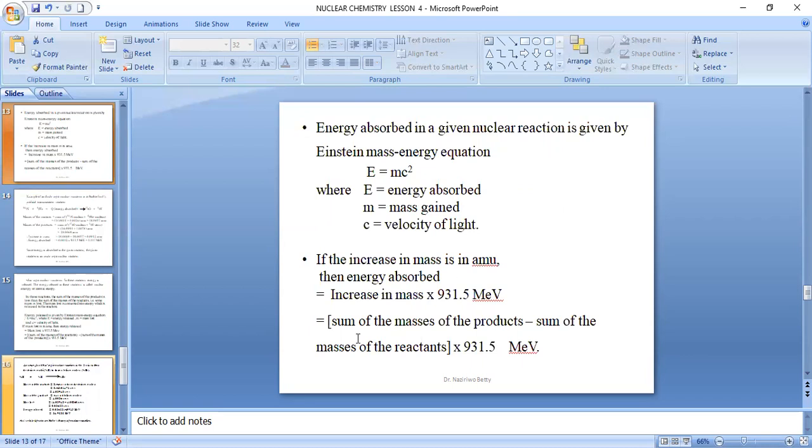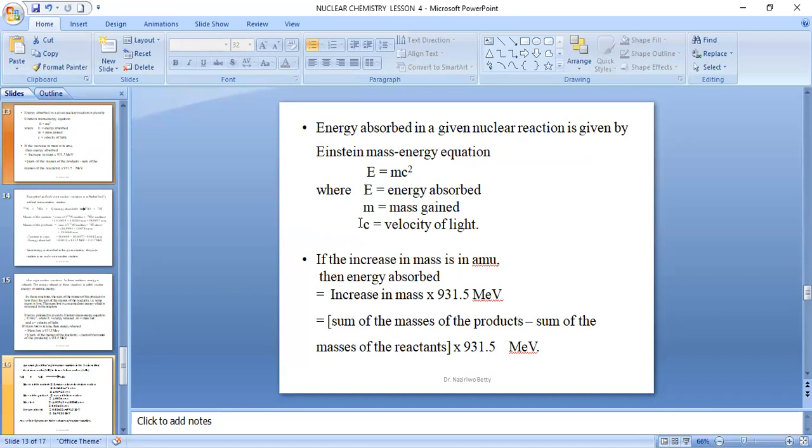Energy absorbed in a given nuclear reaction is given by Einstein's mass-energy equation, which is E equals mc squared, where E is the energy absorbed, m is the mass gained, and c is the velocity of light.